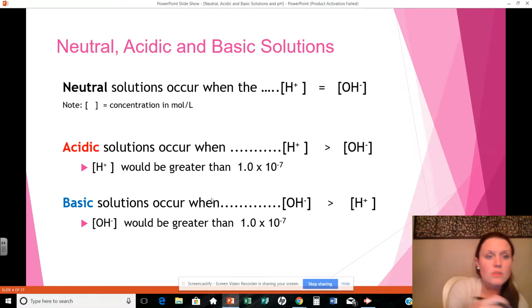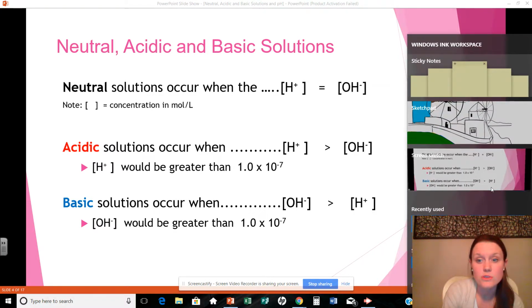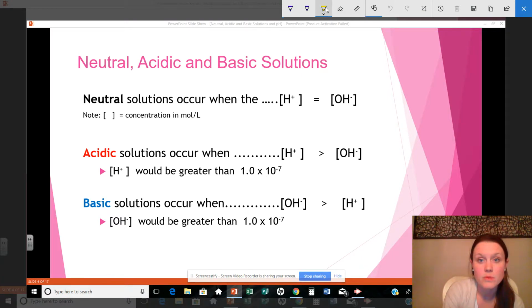Okay. So now we're going to define neutral, acidic, and basic solutions. Neutral solutions are solutions where our hydroxide and hydrogen concentrations are equal. Okay, so neutral solutions occur when our hydrogen and hydroxide concentrations are equal. Okay, so a neutral solution is when those two things are equal.